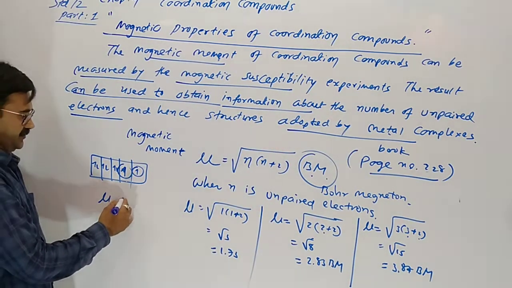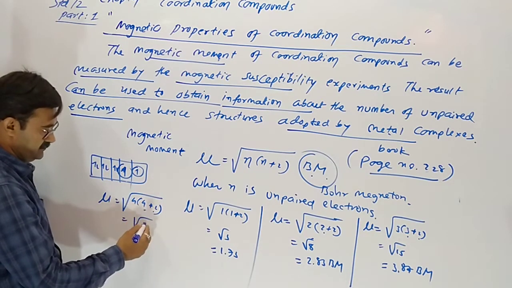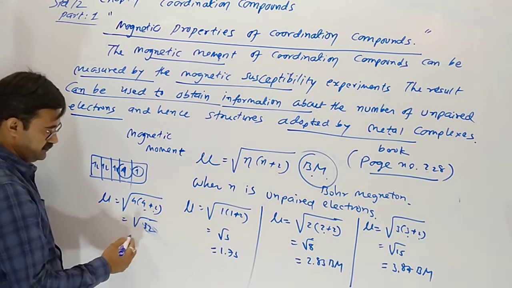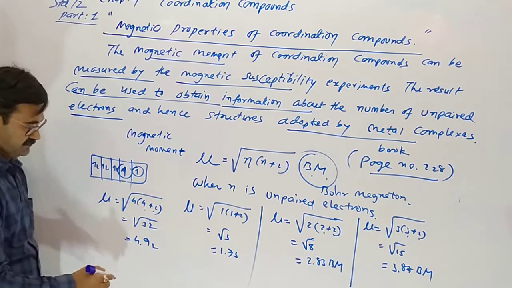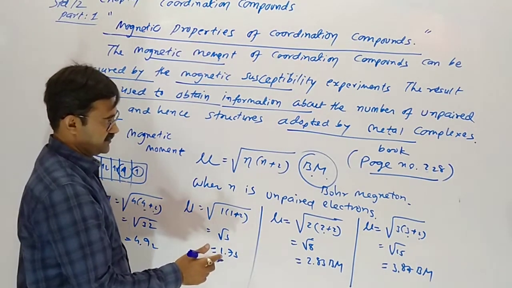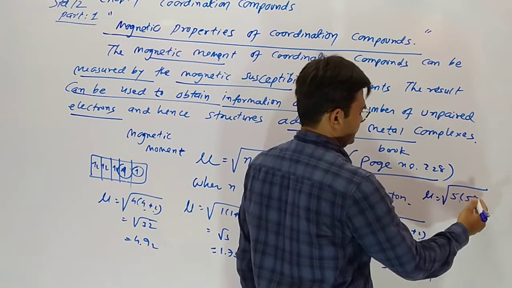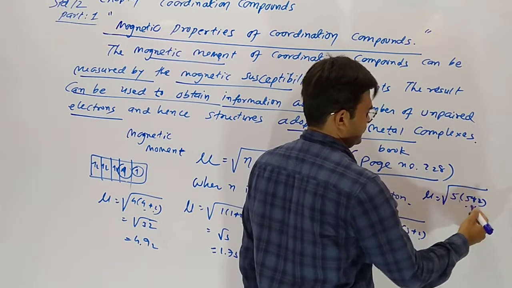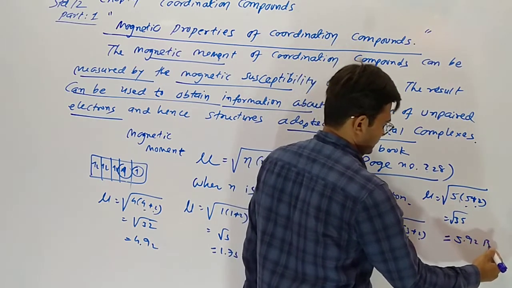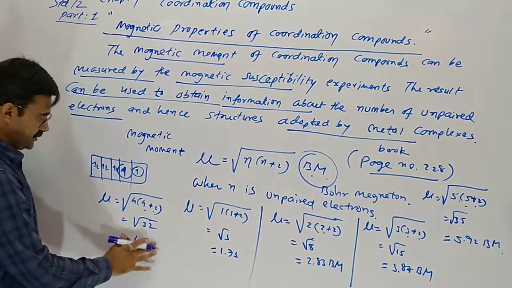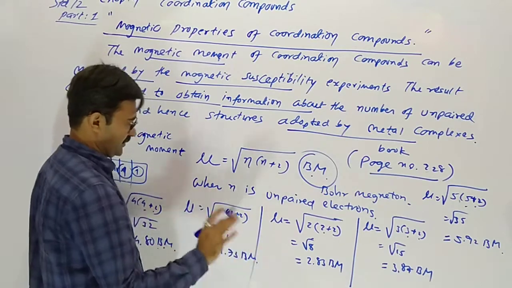If 4 electrons are unpaired, then 4.92. If 5 electrons are unpaired, here it is 5.92 Bohr magneton. This is our answer.